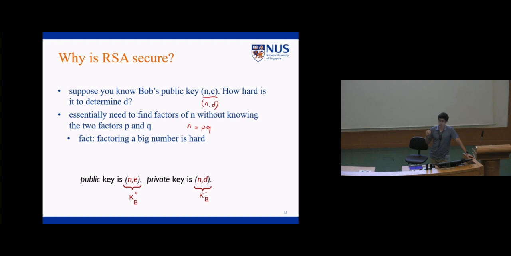And it is difficult for today's computer. In other words, there is no known algorithm that can factor numbers efficiently other than trying brute force. Maybe there are some methods that can make it a little bit easier, but still the complexity of that algorithm increases fast with the size of n, or with the size of p and q.